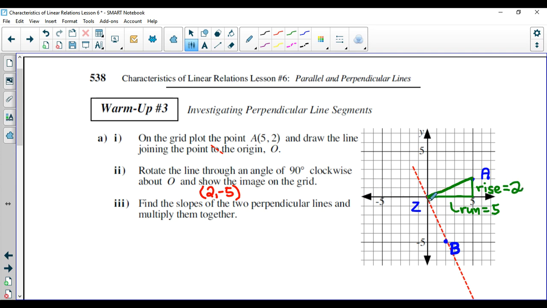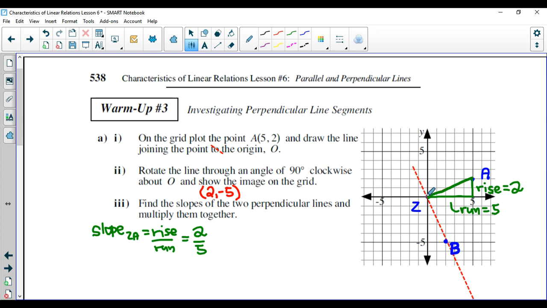So we'll say the slope of line segment ZA would be equal to rise over run, which would be equal to positive 2 over 5.